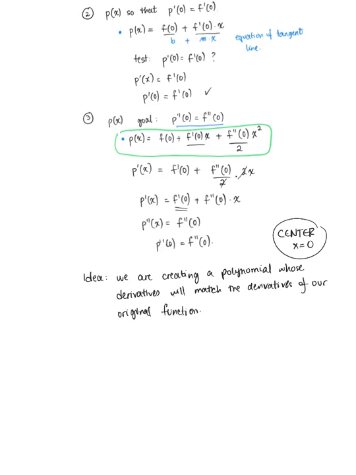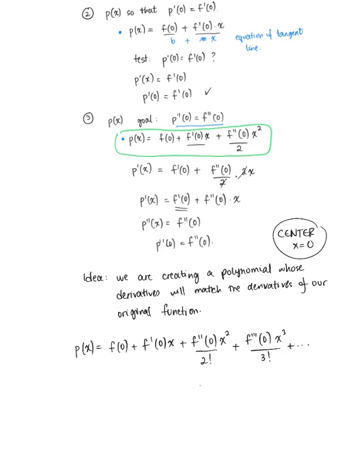And so what this would look like would be f of 0 plus f prime of 0x plus the second derivative at 0, x squared over, actually it's 2 factorial, but 2 factorial is 2, plus the third derivative at 0, x cubed over 3 factorial, and we keep going.